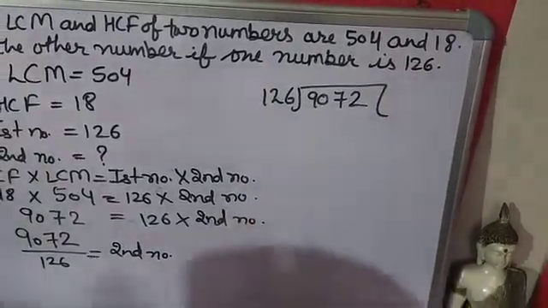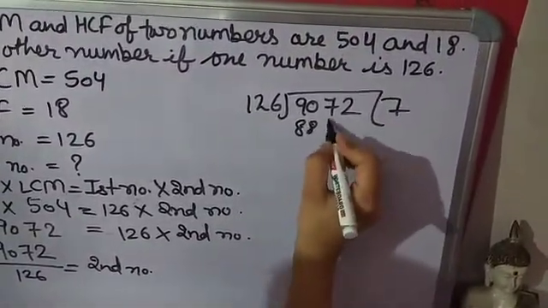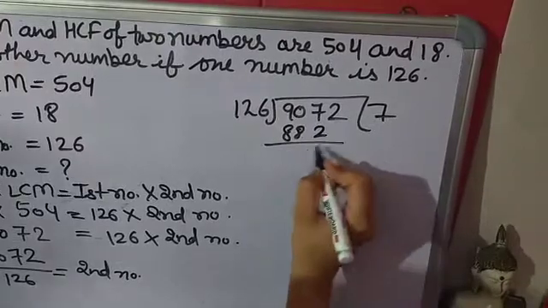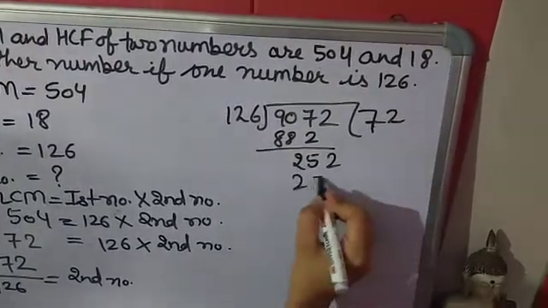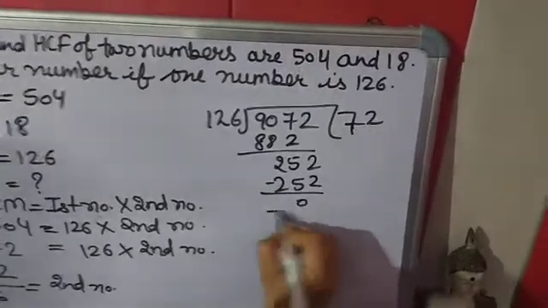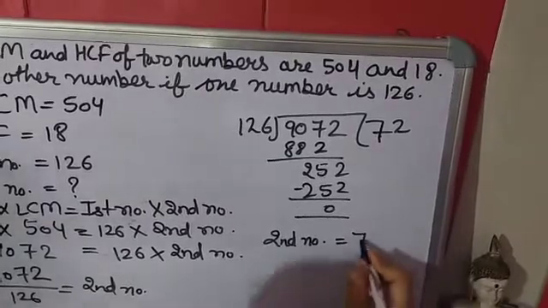Now we will check on which number it will go. It will go 7 times. 882. Now it will go 2 times. So second or other number will be 72.